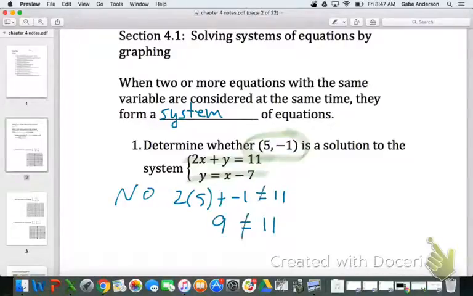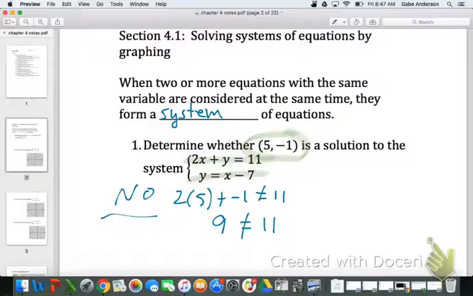Of course, yeah, like you said, 9 does not equal 11. And so that alone right there tells us that it's not a solution. In order for this point to be a solution, it would need to work in both lines. If it works in one, you still got to check the other. So this one, at least for sure, shows it's not a solution. And so we could stop right there and like Avery said, no.